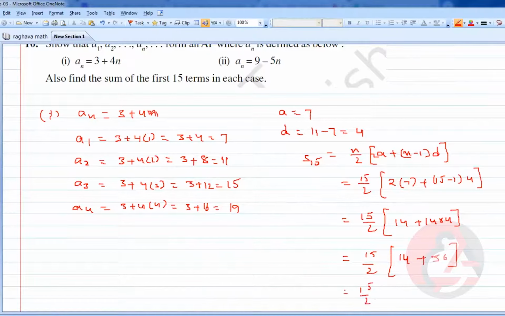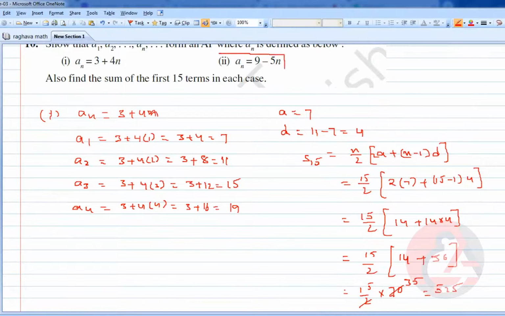This is 15 by 2 into 70, which is 35 into 15. So 35 into 15 is how much? 525. It's right.